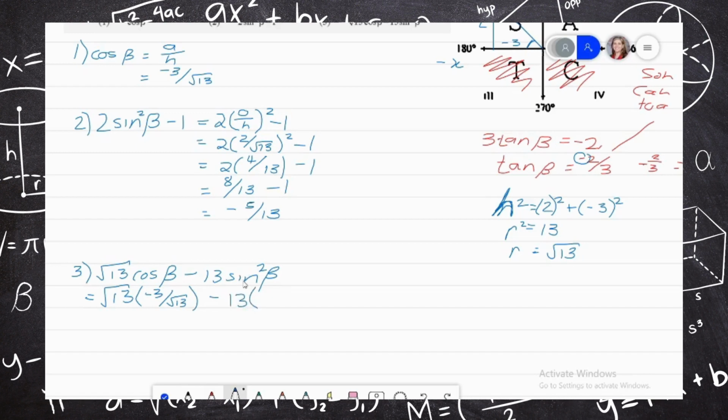Sine is opposite, which is 2 over square root of 13, squared.